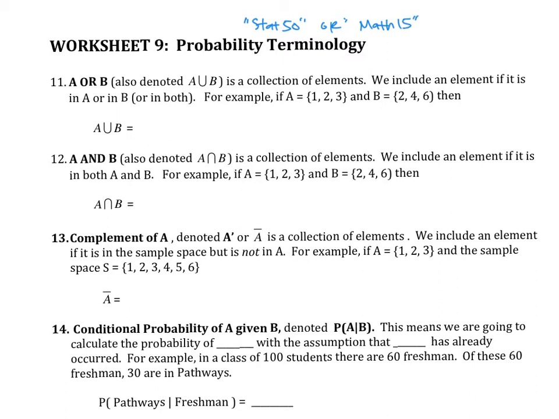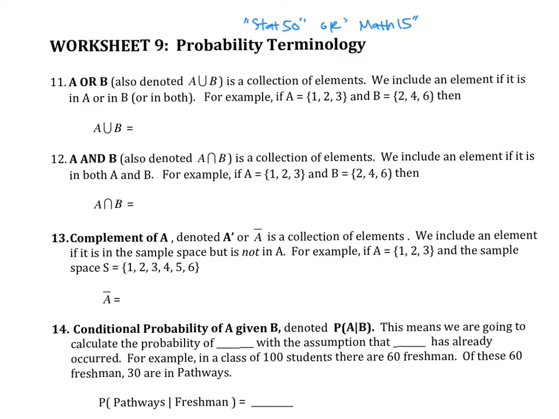Some schools, they want you to take Stat 50 specifically. But a lot of schools, they'll say Stat 50 or Math 15. So if I want to look at people who satisfy those conditions, there are going to be a lot of people who took Stat 50, that's fine. People who took Math 15, that's fine. It's going to be a bigger group. So it's called A or B, Stat 50 or Math 15.